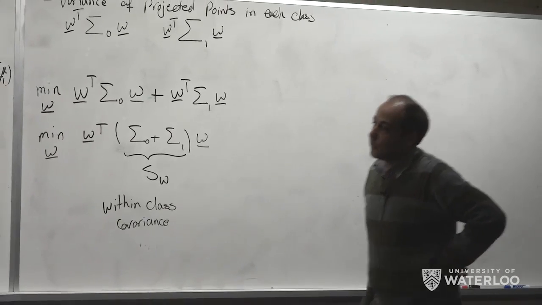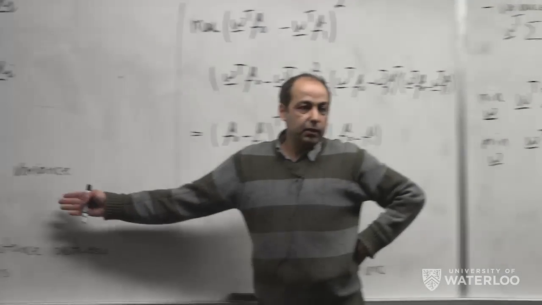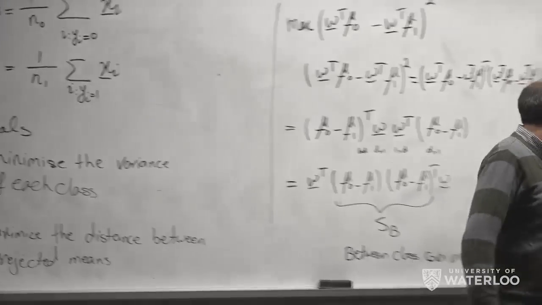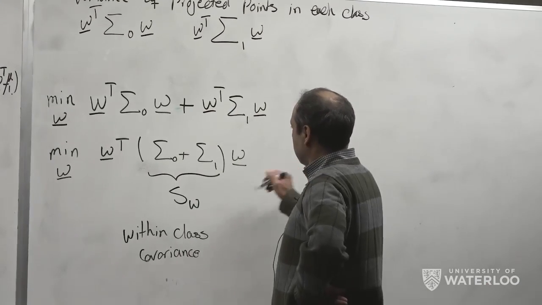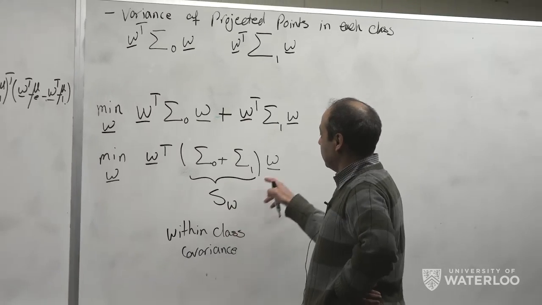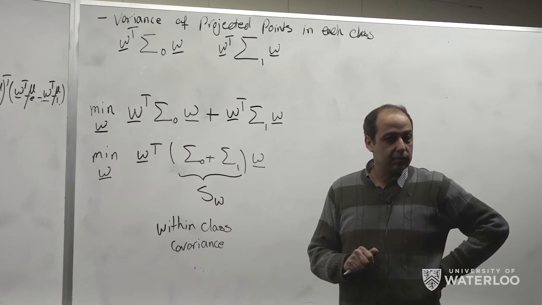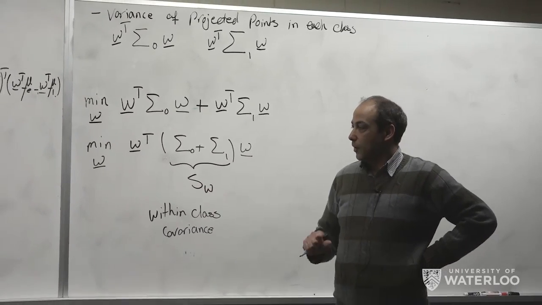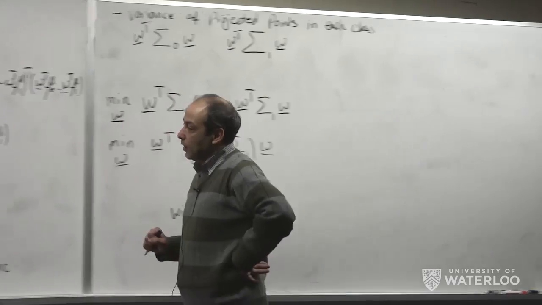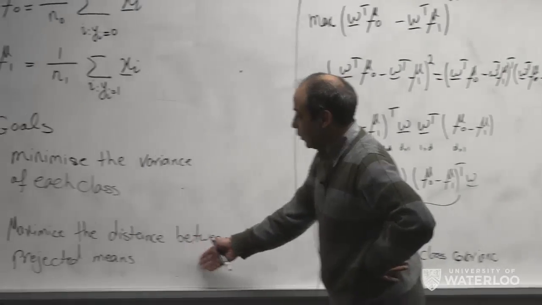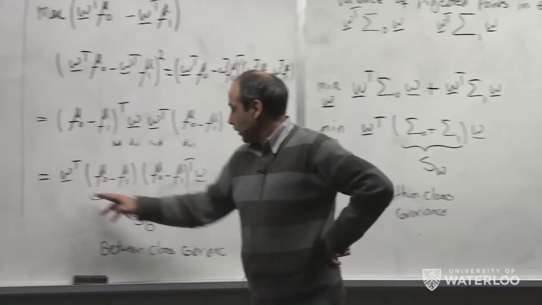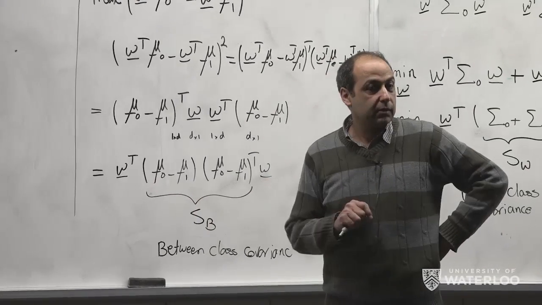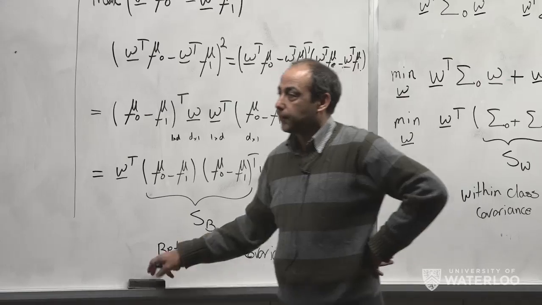Okay, to satisfy goal number 1, I have to minimize W transpose SW W, when SW is known. To satisfy goal number 2, I have to maximize W transpose SB W when SB is known.